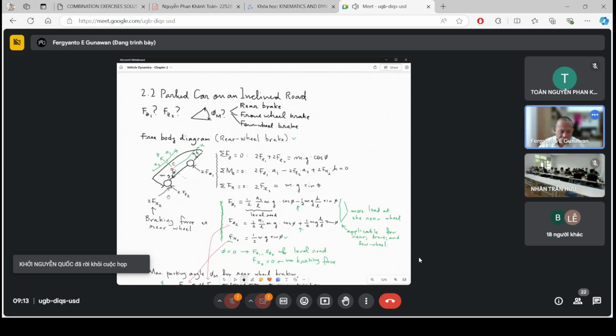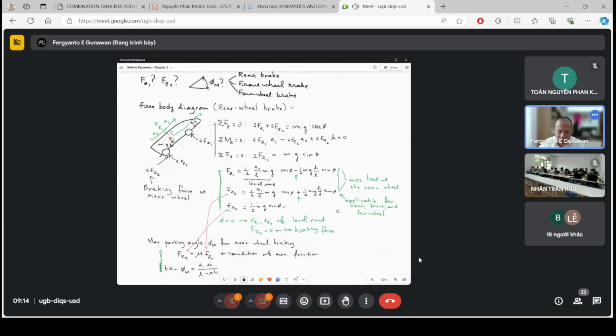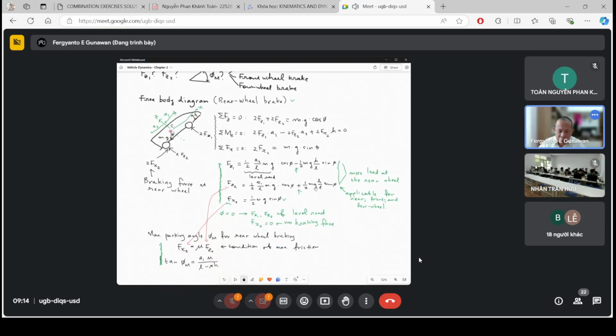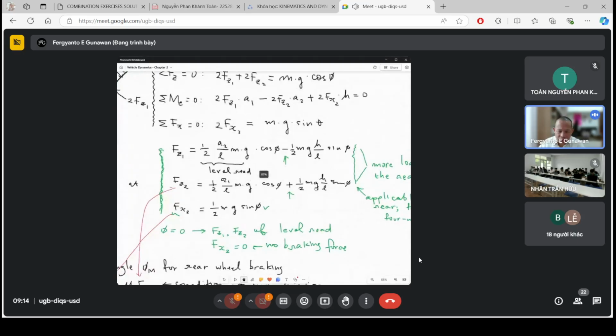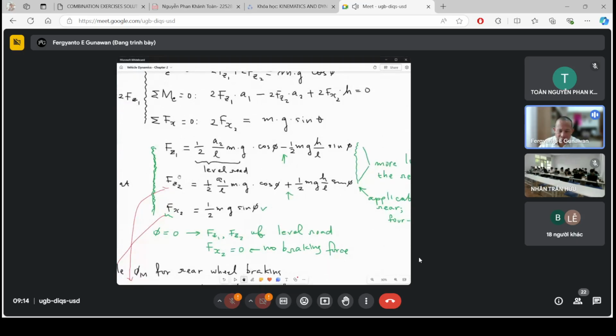By introducing the brake, we can stop the vehicle on an inclined road, and as a result we are able to derive the force on the front and on the rear, essentially the same as the level road plus the angle.